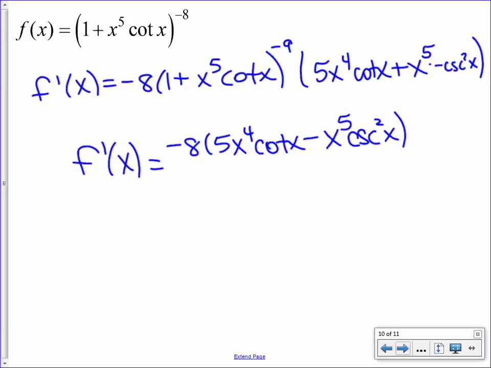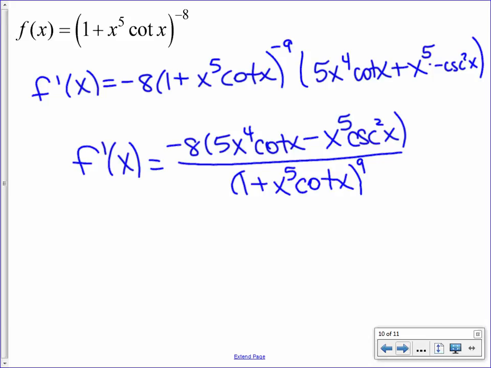And then since this has a negative 9 as a power, I'm just going to put it downstairs with a positive power to make Carter happy. And that is probably what I would want to see as your answer. I don't feel like that's too much to ask. Right? Just reorganizing a little bit.